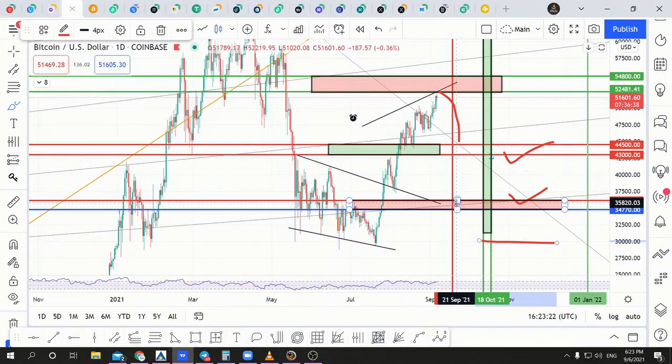Okay, so one thing also I want to tell you, you have to take care of the month of September, because the history of Bitcoin in September is not a very good one. And if you already read about GAN and his books, GAN stated by name that September has a bearish bias. So you have to take care of September.